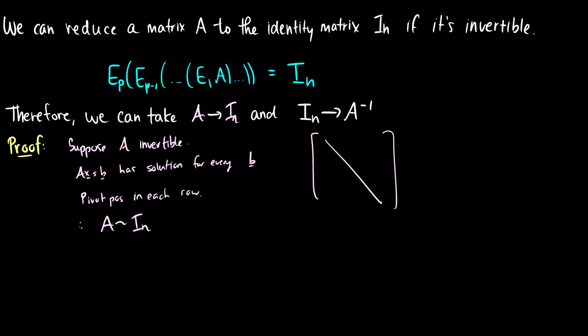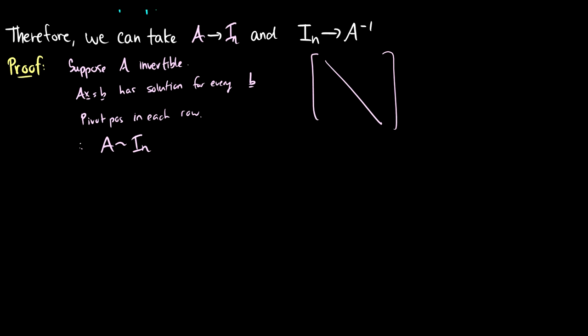Now we need to prove that we can get this identity matrix down to A inverse. So let's go the other way. We want to assume that A is reducible to the identity matrix. We learned just previously in this video that we can use elementary matrices to represent our row operations.